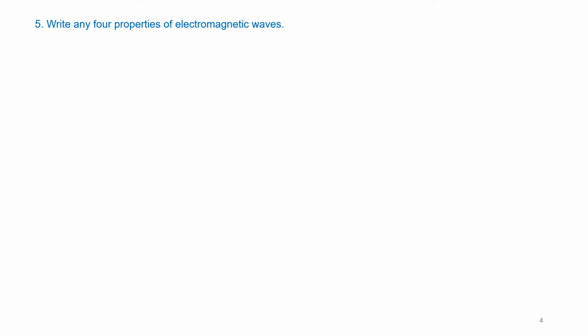Though the question is for writing 4 properties, we will state here about 9 properties. Answer. First property, they are transverse in nature. Property number 2, they are produced by accelerated charges. Please note here, it is accelerated charges.